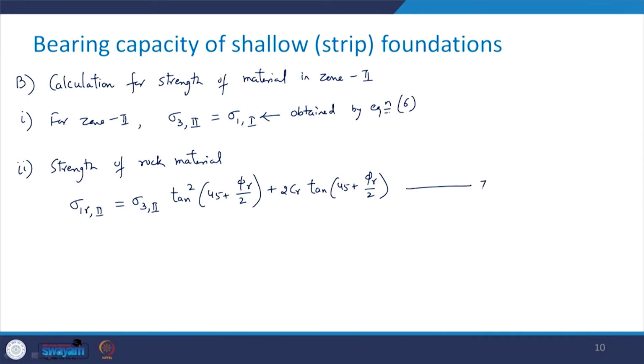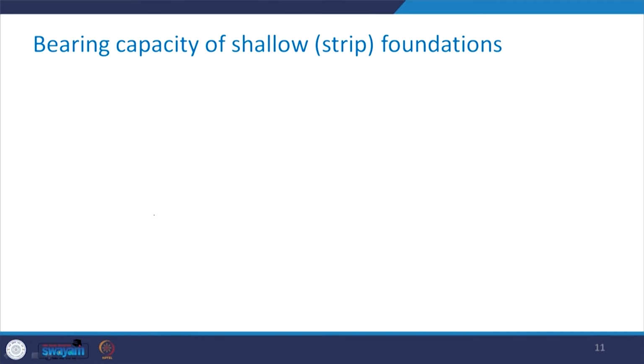Make it equation number 7. So here sigma 3 is no more 0 as it was there in case of zone 1. Now let us try to get the strength of the discontinuities in the second zone. So we have the third step for the evaluation of strength of discontinuity.